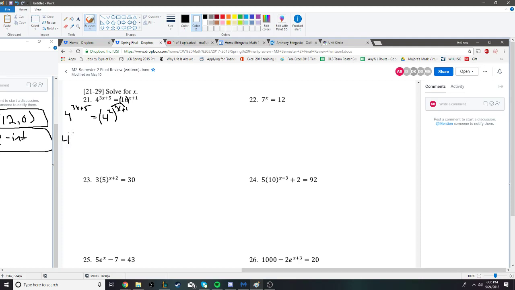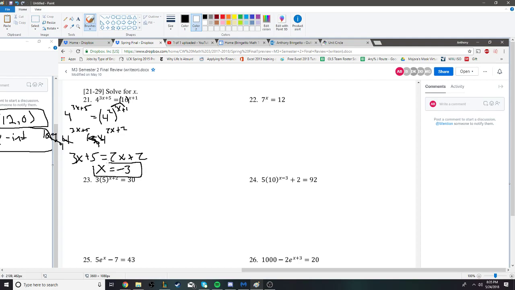So this is 4 to the 3x plus 5 equals 4 to the 2x plus 2. And you got to take log base 4 on both sides to cancel out the base. And you're left with 3x plus 5 equals 2x plus 2. Your final answer will be x equals negative 3.